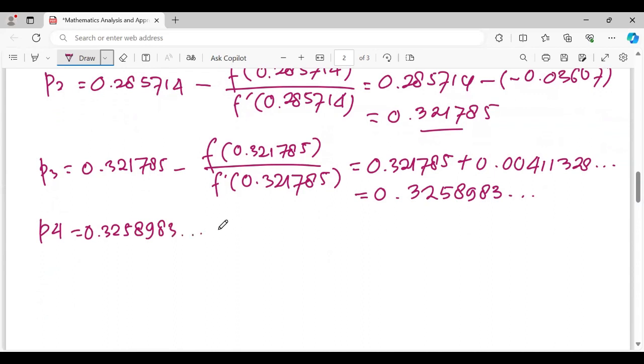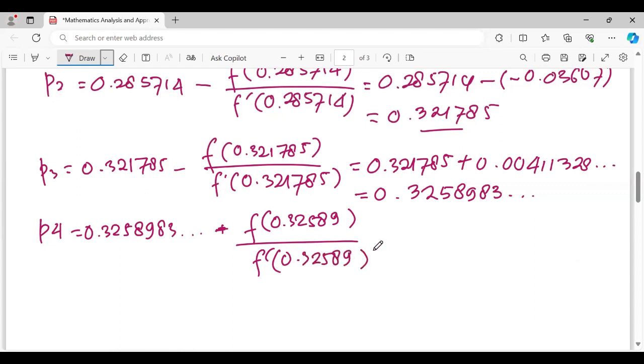And P4, 0.32589883, and so on, minus f(0.32589) and so on, over its derivative. Okay.